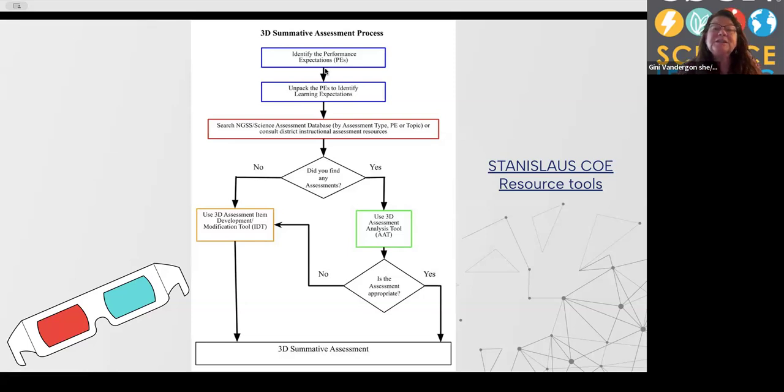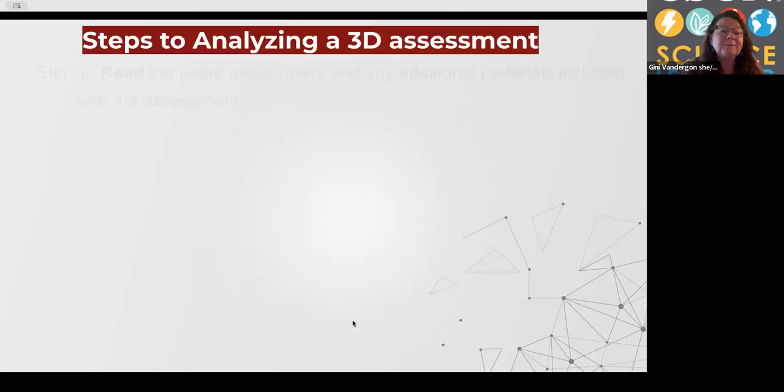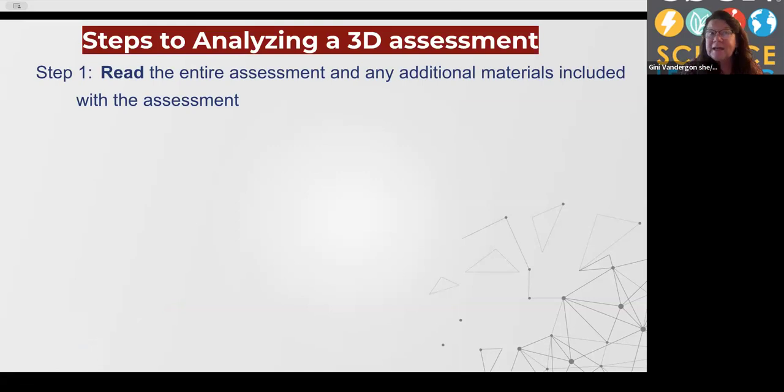And so this is just a way to unpack the performance expectations using this tool. I think this tool was introduced to you in session 3, but just a reminder that you can do that. So in this case, we were looking at it and seeing whether this assessment seemed appropriate, etc. And these are some of the steps that you might take. You would look at it yourself.